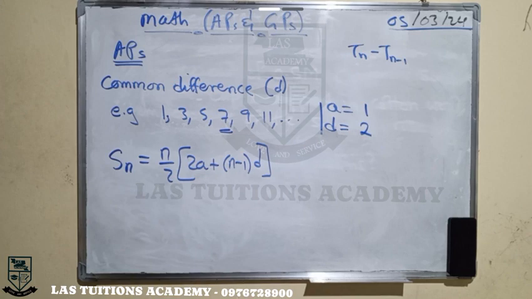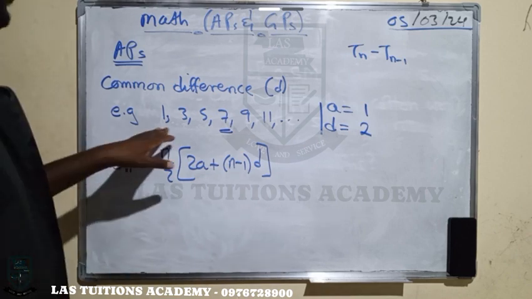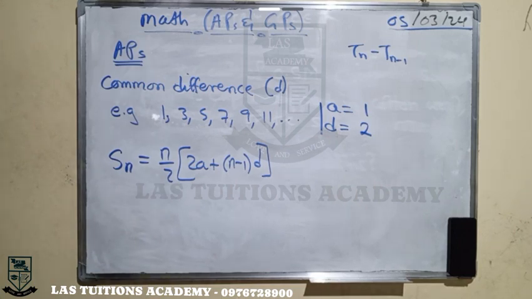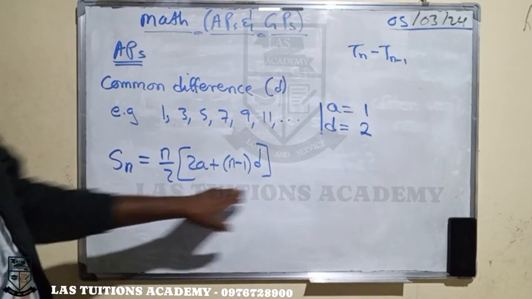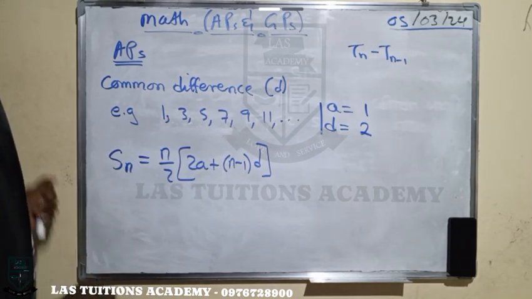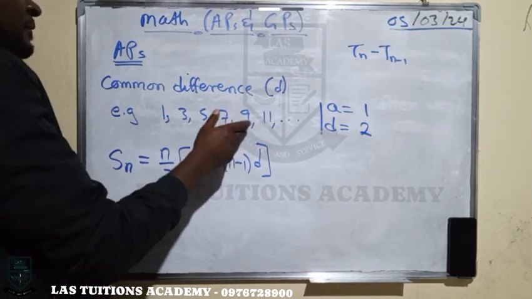So now, you can decide to add, I don't know how many terms here. When you add those terms, you can use the formula, because sometimes you will not have all these terms. You may only have the first one, maybe the fifth one, and so on.